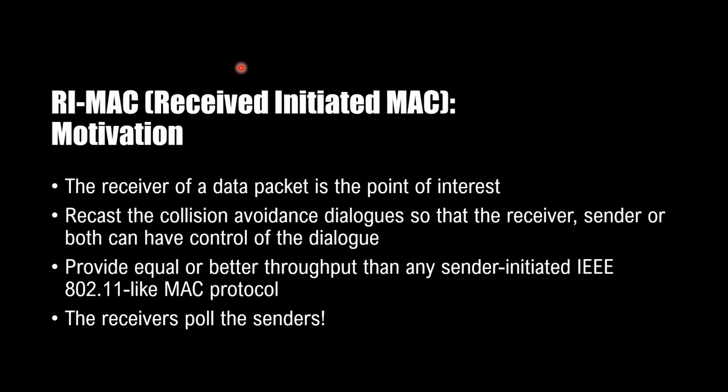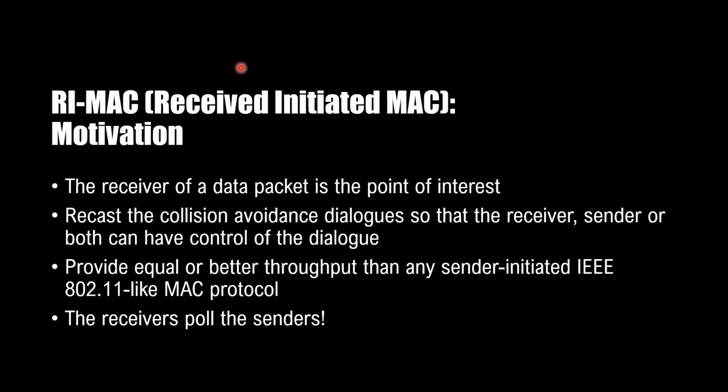So the motivation for receiver initiated MAC is that the receiver of a data packet is the point of interest. Which is actually true in the case of wired networks. It is very easy to detect a collision because the state at the receiver and the state or environment at the sender is almost the same.